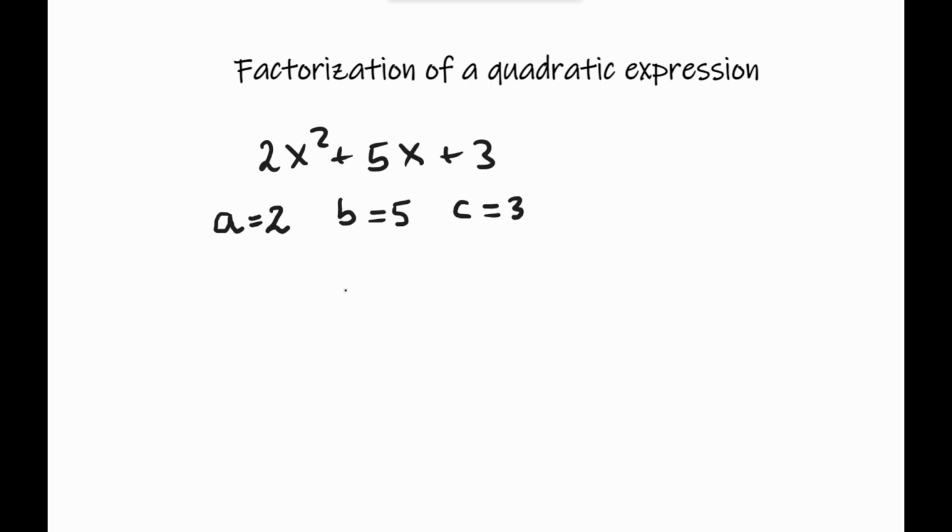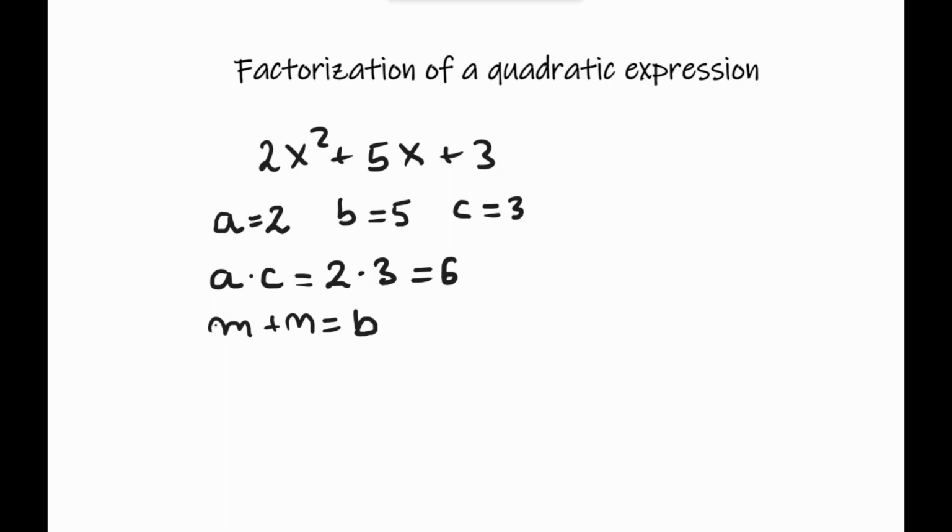We will multiply the a factor with the c factor. 2 times 3 is 6. And we will find two other numbers whose sum is the b factor.